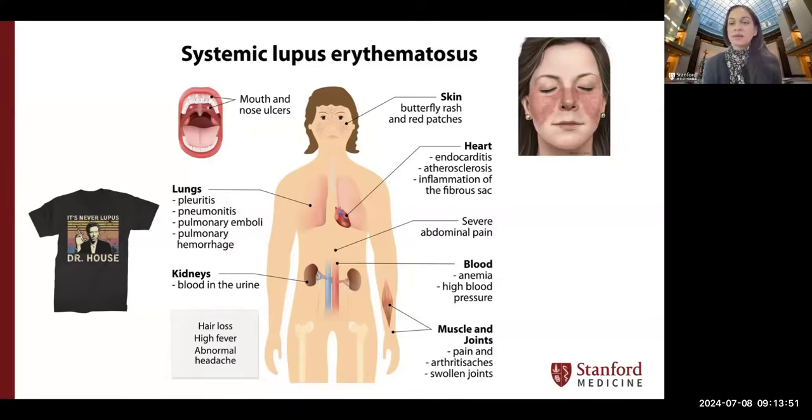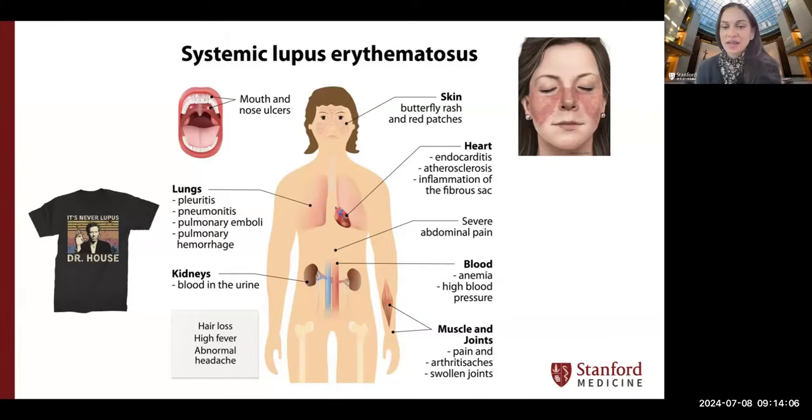The primary care doctor may order an initial ANA test, a serologic marker for lupus. If that's positive, then they get sent to a rheumatologist, who I would say is the gatekeeper of the disease.